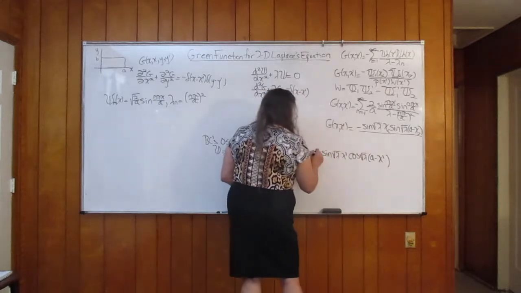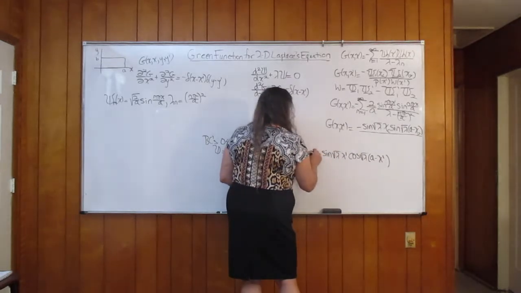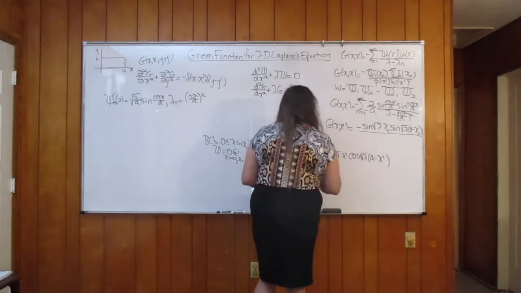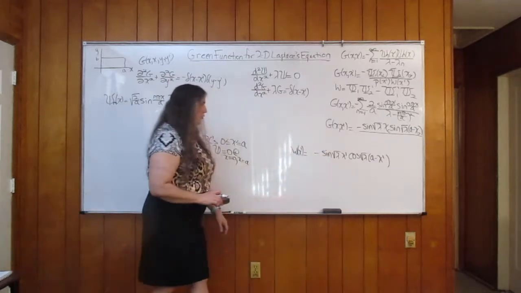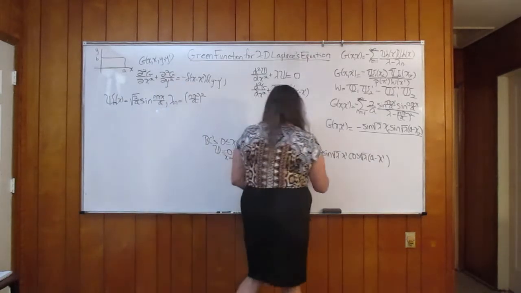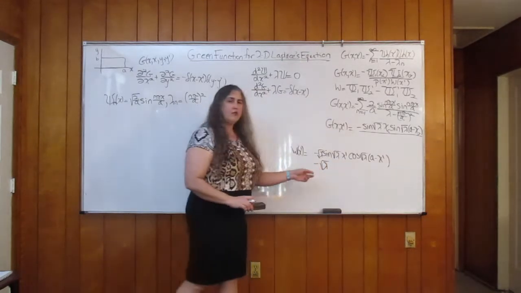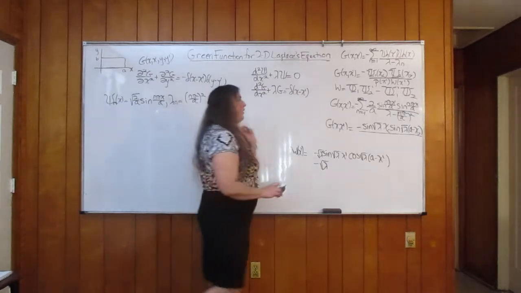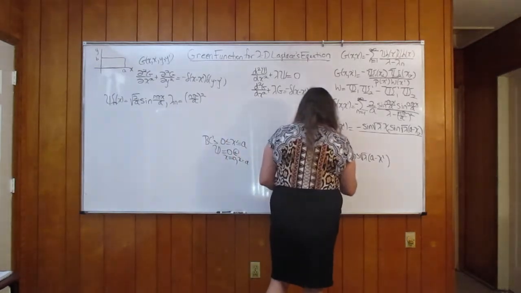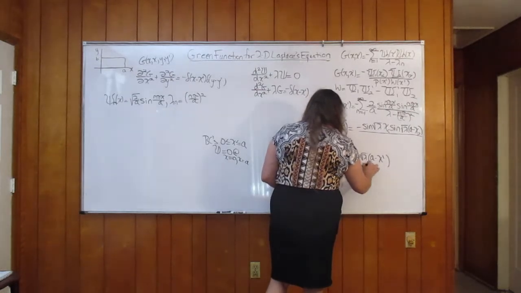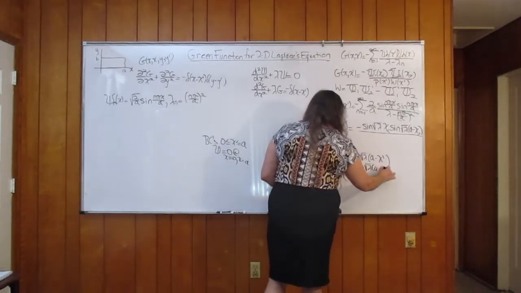And then we also have a minus out front due to taking the derivative. And then the second term is also going to have a square root of lambda out in front, just like the first one. And this is cosine square root of lambda x prime times sine square root of lambda times a minus x prime.